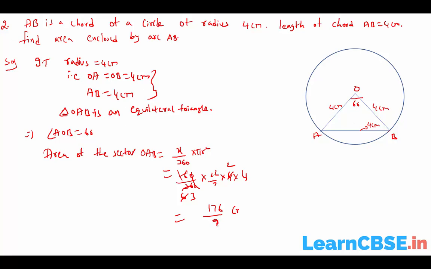Sorry, 21, 7 threes are 21. Centimeter square is the area of the sector formed by two radii and the chord.